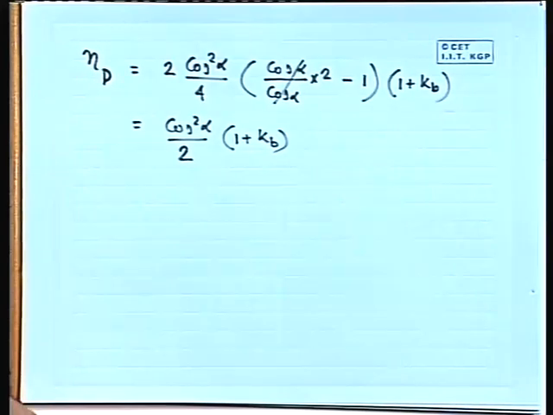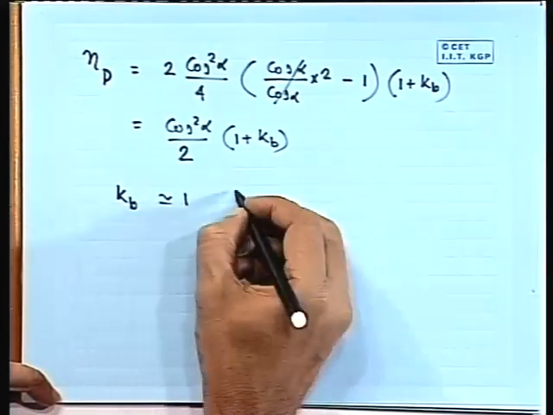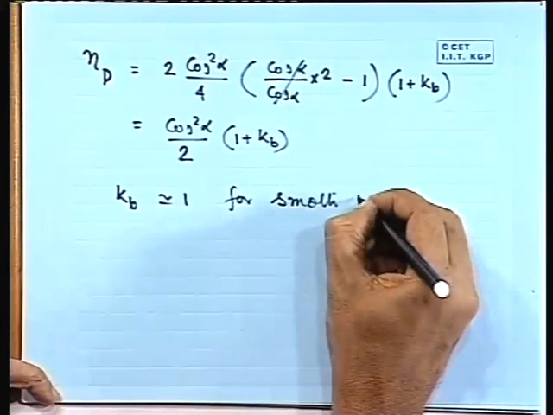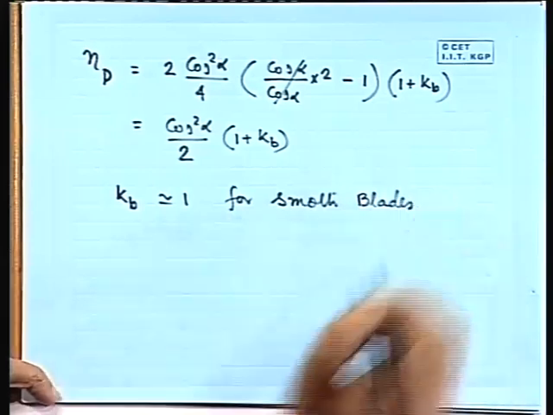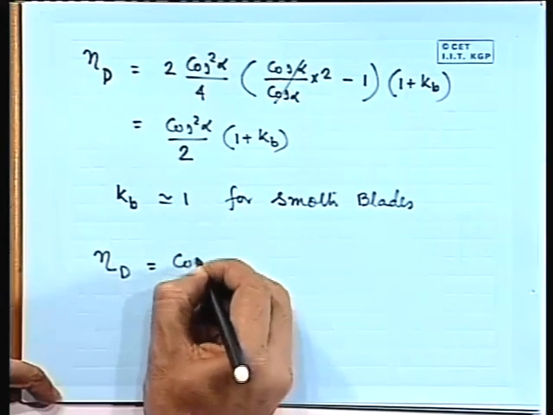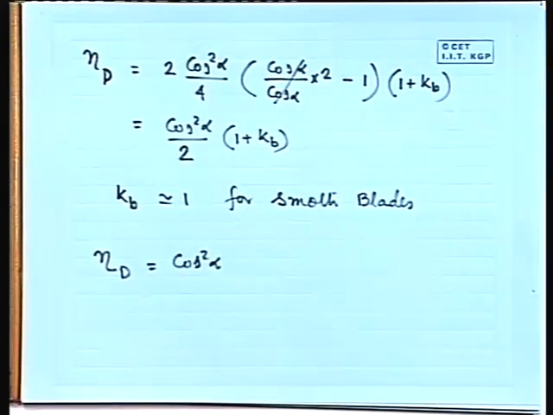Now, if the blade is assumed to be more or less smooth, then Kb is equal to 1. Kb is 1 for smooth blade. And in that case, eta d is equal to cos square alpha. So, this will be the optimum efficiency of the blade passage.